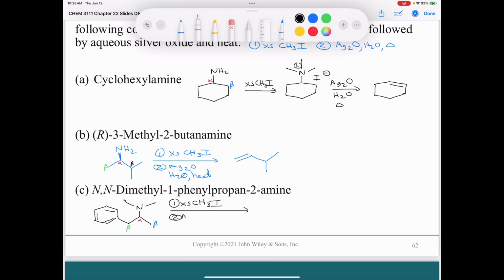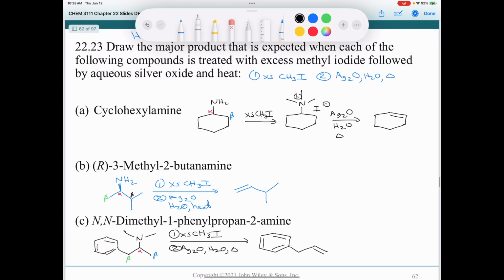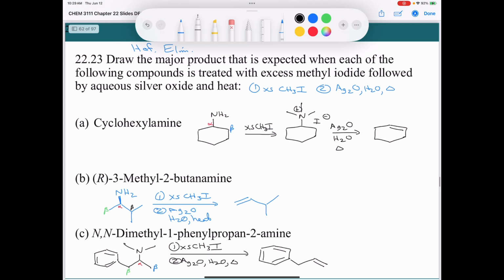Step 2, aqueous silver oxide and heat, and that's going to give me my Hofmann alkene, which is going to look something like that. So there you go. If you practice these enough, eventually you're going to remember all those reaction conditions. All right, so there we go, Hofmann elimination.